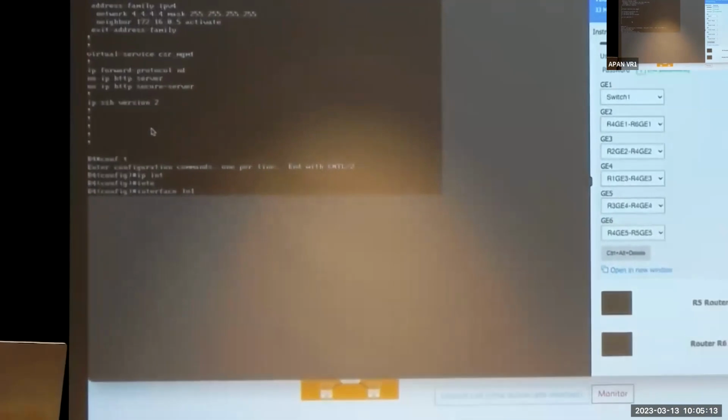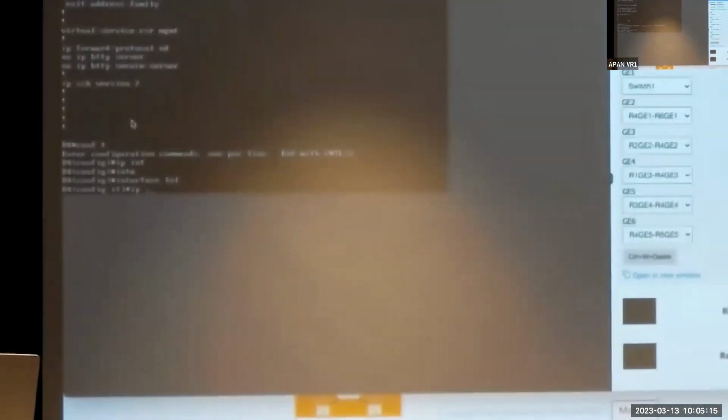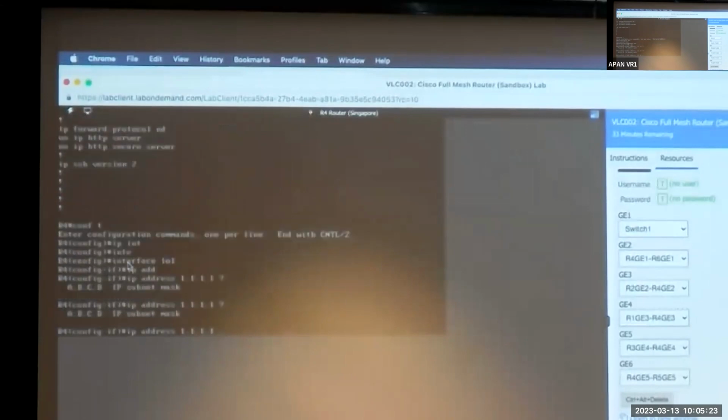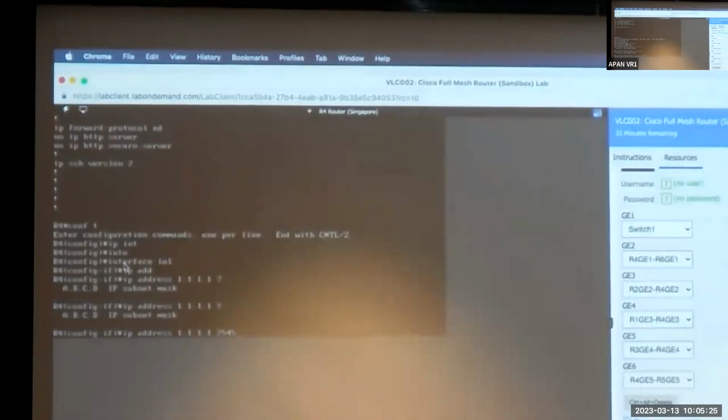I'm just creating another interface, and the IP address is 1.1.1.1 with mask 255.255.255.0.